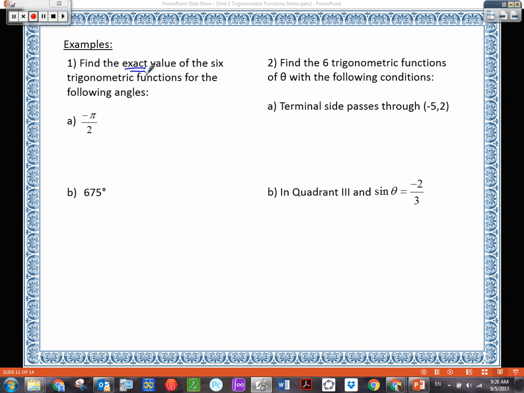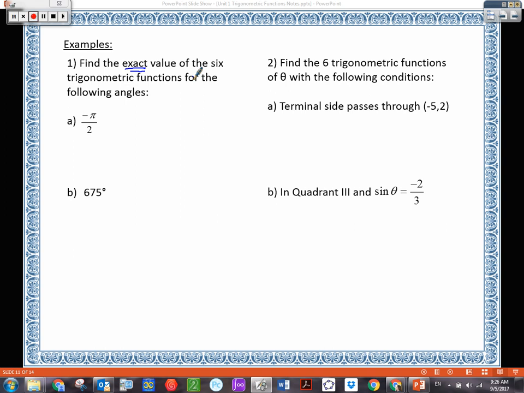It means exact. It doesn't mean an approximation or rounding. So when you see this word exact value, that should give you an indication that these are special angles, right? Special angles are really the only ones we could get exact values for without using our calculator. So our exact is special angles.